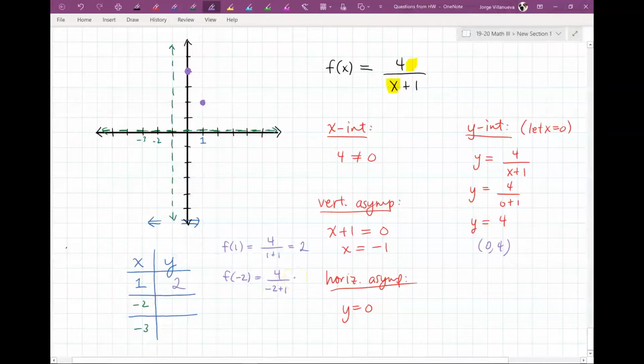Well, -2 plus 1 is -1, so this will be -4. So (-2, -4). And then I plug in f of -3. So that's 4 over -3 plus 1. That's a -2 on the bottom, so this will be -2. So there we go. And then all you have to do is draw the graph.